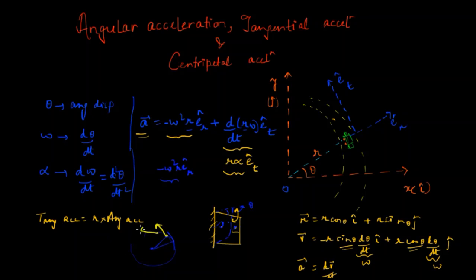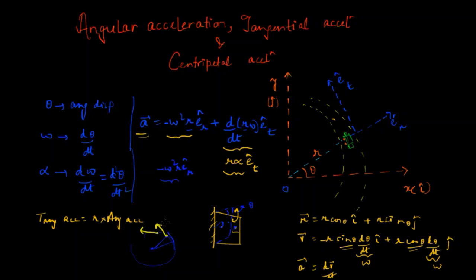Now the velocity becomes like this. So given that its velocity changes from this direction to this direction, there must be some acceleration on this point which would be towards the center, right? Which is trying to move this velocity in this direction.